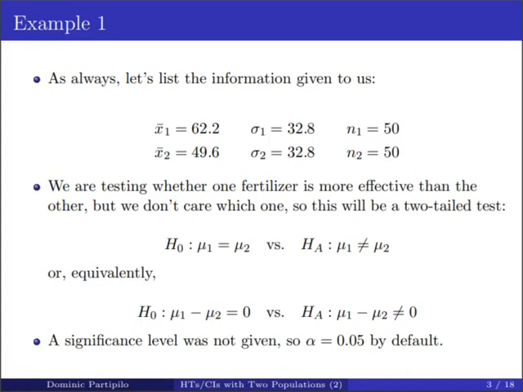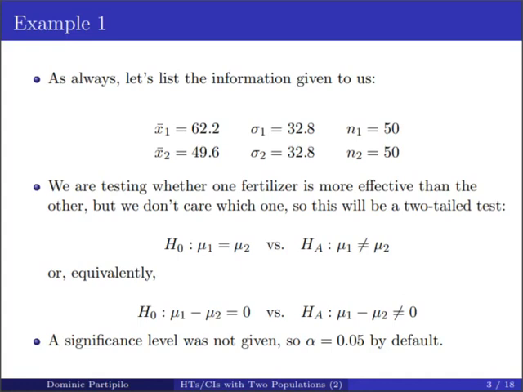So we're going to come up with a two-tailed test here because we don't care which direction. Our null hypothesis, which we assume to be true, is that the two population means for dandelion count are equal. And our alternative hypothesis is that they're not equal to each other. And this not equal to sign, remember, is what creates our two-tailed test.